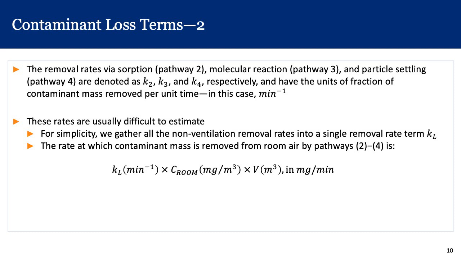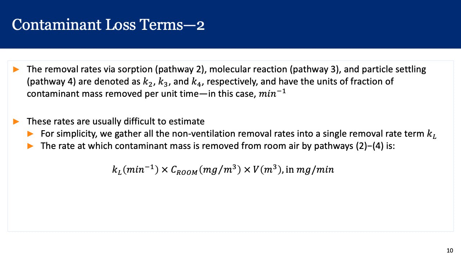And the rate at which the contaminant mass is removed from room air is denoted by this equation below. The way to understand this equation is to look at the second and third terms first. So you have the room air concentration in milligrams per cubic meter times the volume of the room in units of cubic meters. The product of these two terms has units of milligrams.